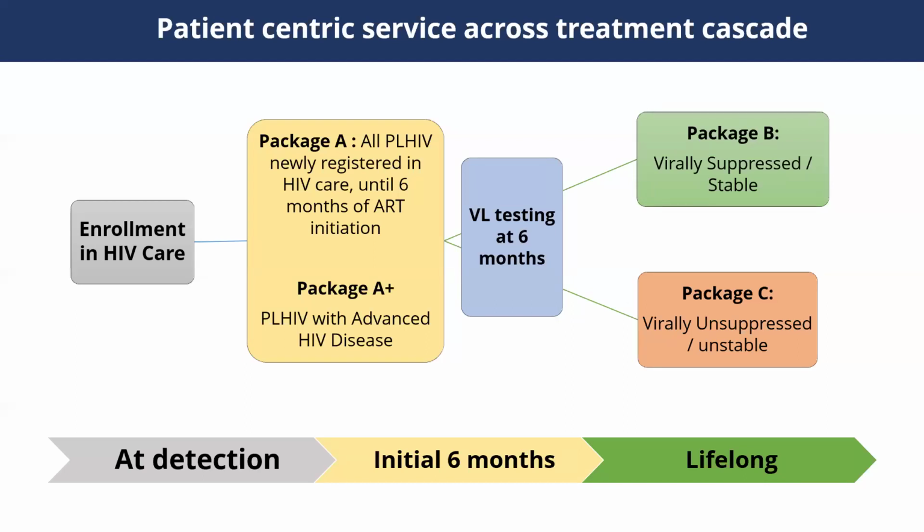But after his viral load, the patient became lost to follow-up, and he came back to you after 1.5 years. So where do you put this patient? Patient on ART for 1.5 years, now lost to follow-up. Will you put that patient into A, B, or C category? Just put in the chat box A, B, or C. That's it.